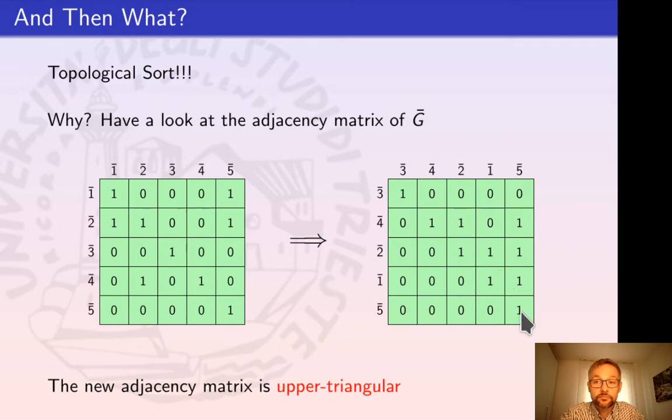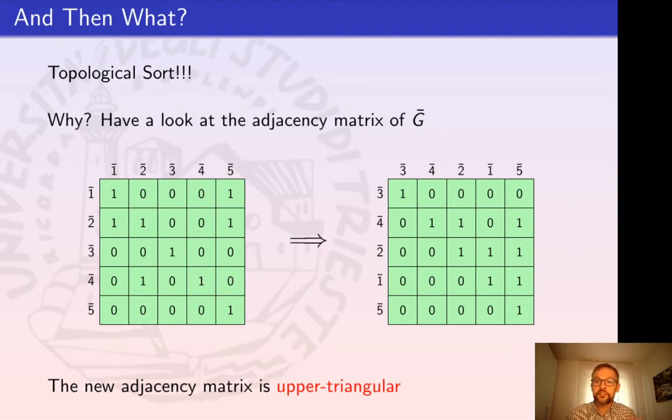So basically, by applying topological sort to a DAG and resorting the adjacency matrix accordingly, I get an upper triangular matrix, which is, in some sense, strange, and from a certain point of view may seem totally useless.